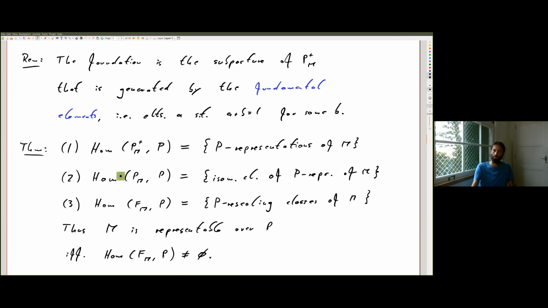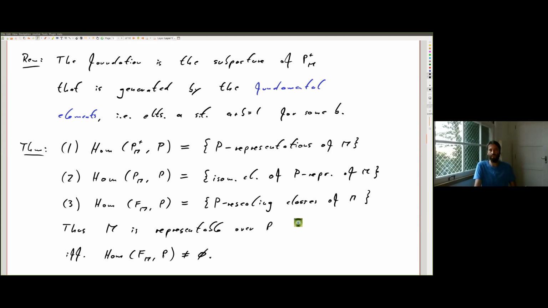One comment about the proof of 2 and 3. These proofs are not hard. They're basically derived from the fact that the degree 0 elements form a complete set of invariants for isomorphism classes. So this is just the passage from affine geometry to projective geometry, if you want. And the elements of multi-degree 0 form a complete set of invariants for rescaling classes.